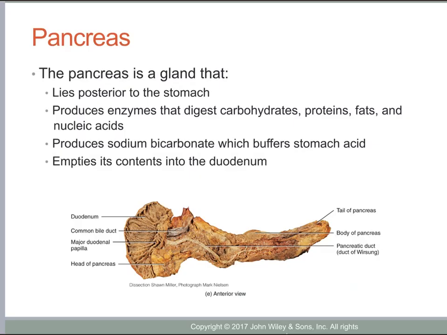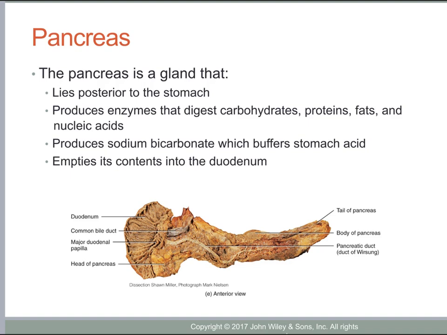Our first gland that lies inferior and posterior to the stomach is the pancreas. Now we kind of deviate from our main tube because we need to talk about some of our accessory digestive organs and what they do, because they do play a pivotal role in aiding in the digestion of structures like carbohydrates, proteins, fats, and nucleic acids. So the pancreas is a gland.